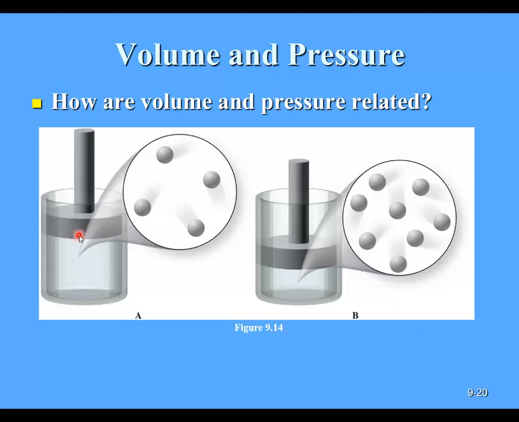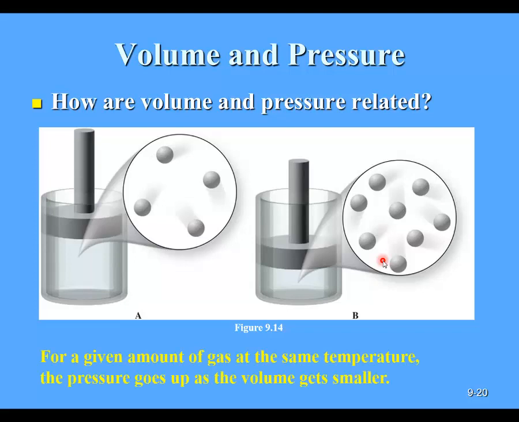In those types of situations, if I take a gas with a larger volume inside of our piston, and I decrease the volume of the gas by pushing the piston down, we would see that the volume of the gas decreases, but the number of moles of gas is still the same, so I have more particles per volume. Since I have more particles per volume, if I were to maintain the temperature of this situation, so I'm still at the same temperature, okay, so I have the same amount of gas, same number of moles of gas at the same temperature.